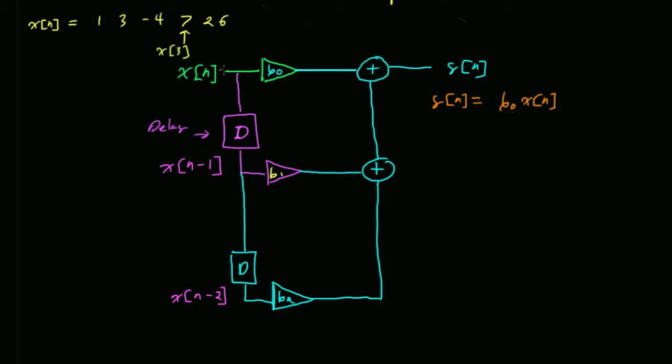Some other stuff that goes into y is this branch. Well, what is that branch? So it'll be plus x of n minus 1 times b. You kind of get the hint here. So it's b1 x of n minus 1 plus b2 x of n minus 2.